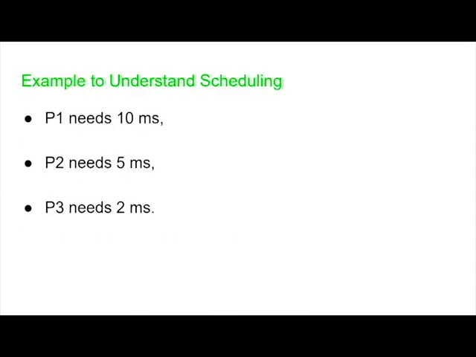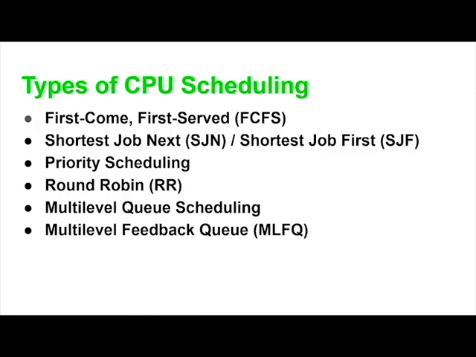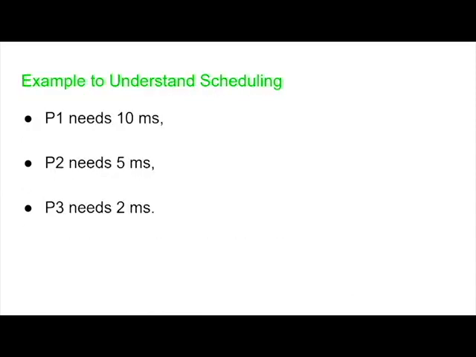To understand these types of CPU scheduling, we can consider one example. Suppose P1 needs 10 milliseconds, P2 needs 5 milliseconds, and P3 needs 2 milliseconds.